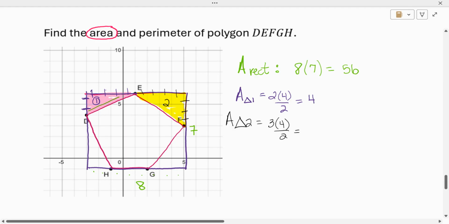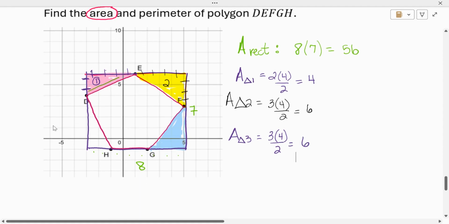Owen, what is that? 3 times 4 equals 12, divided by 2 is 6. Perfect. Nice job. All right, Ken, you can have triangle number 3. I'm choosing blue. Tell me the dimensions that you're using for the base and the height. 3 and 4. Good job. Area of triangle 3 is also 3 times 4 divided by 2. And what is that? Perfect.